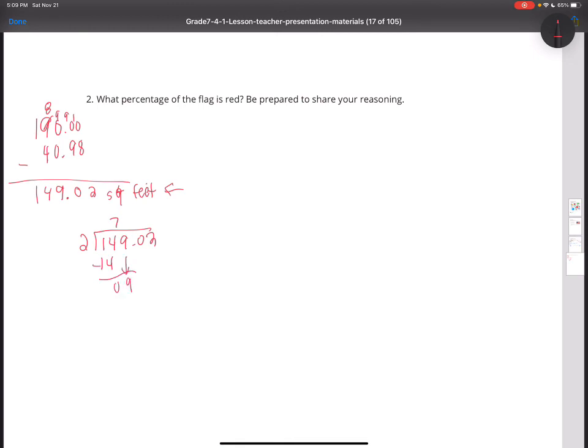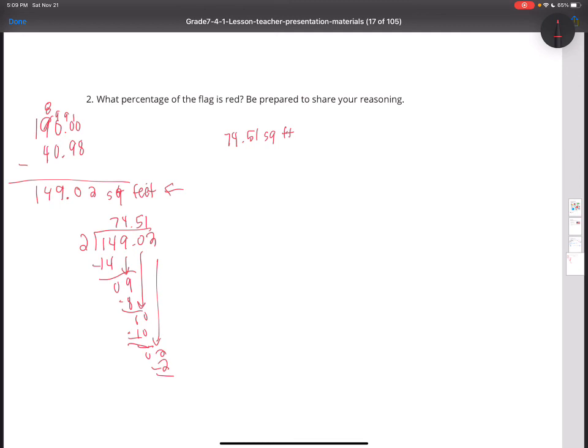How many times could 2 go into 9, which is 4? How many times could 2 go into 10, which is 5? And then 2 could go into that one time, okay? So this is about 74 and 51 hundredths feet squared, or square feet, okay? That's the area of red, right?